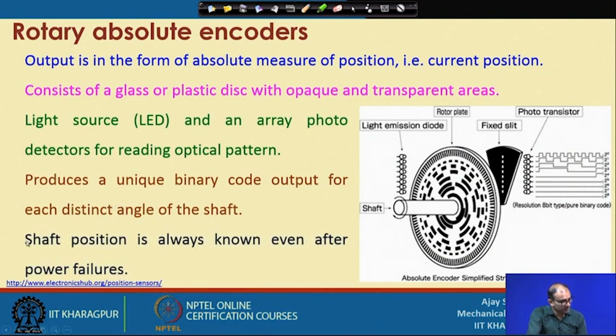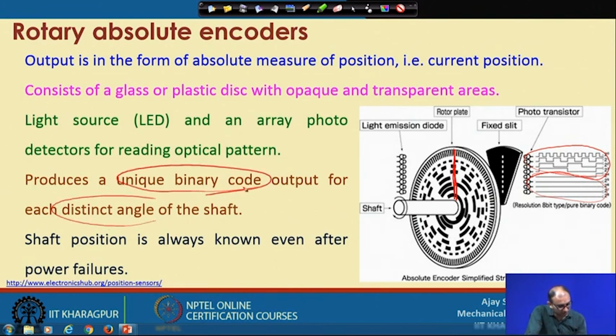So what is the advantage? The shaft position is always known even after a power failure. Once it is rotating, if this is the particular location through which the light is passing, then wherever you are not getting any signal is 0, and you get a signal from only a few locations. For each and every location you get a unique code, meaning a distinct angle has a unique binary code.